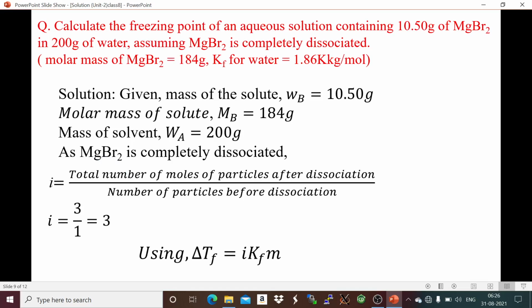Okay, now using the relation delta Tf is equal to i Kf m. M is your molality. Molality is number of moles divided by mass of the solvent in kg. Number of moles is mass by molecular mass of solute, and if the mass of solvent is given in gram, just divide it by 1000.